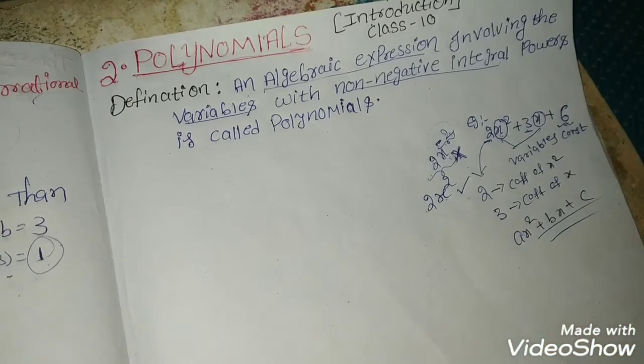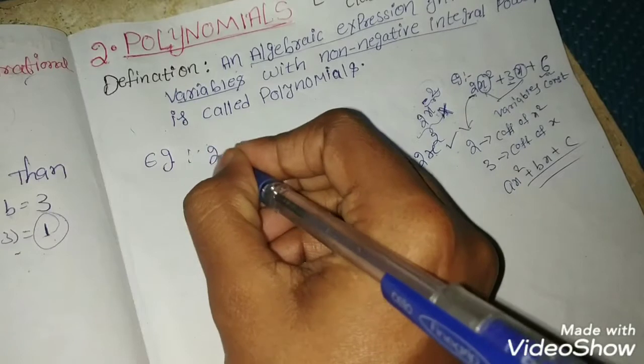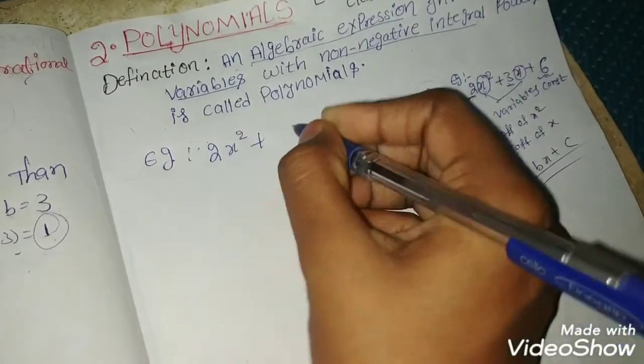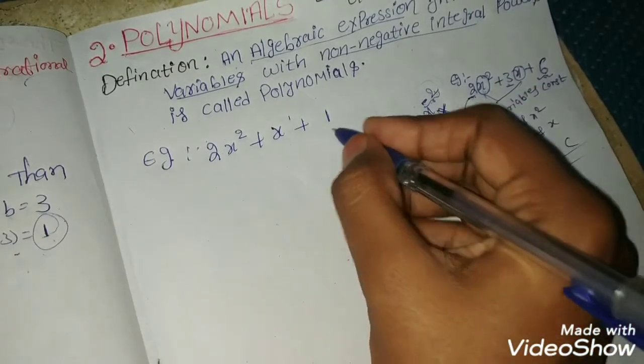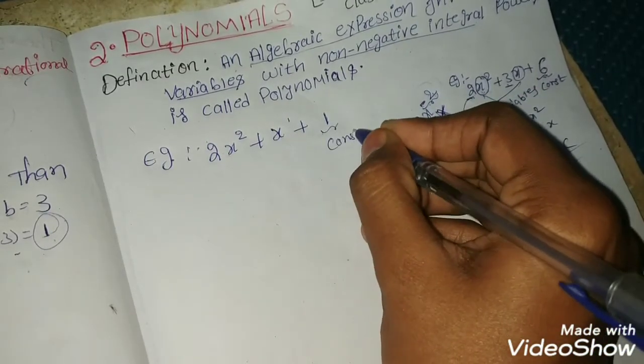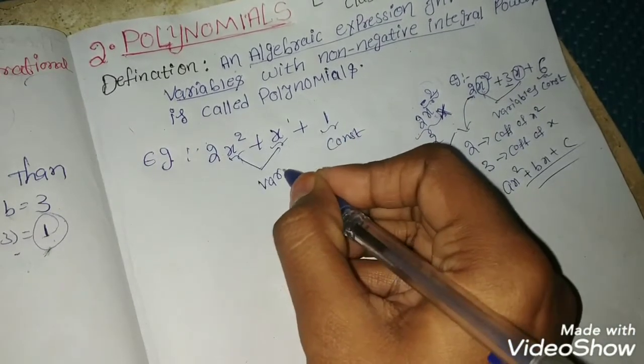See, let's take an example. If you write 2x square plus x plus 1. Here what is 1? 1 is a constant. And x is a variable.